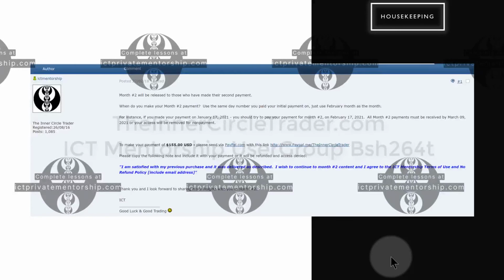For instance, if you paid your payment on January 17th, you should be aiming for February 17th. And if you do that and treat that as your month 3 payment on March 17th, and April 17th, your month 4 payment, and so on, if you keep doing that, that would help us tremendously.